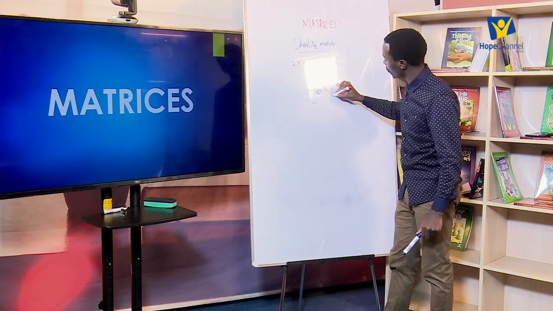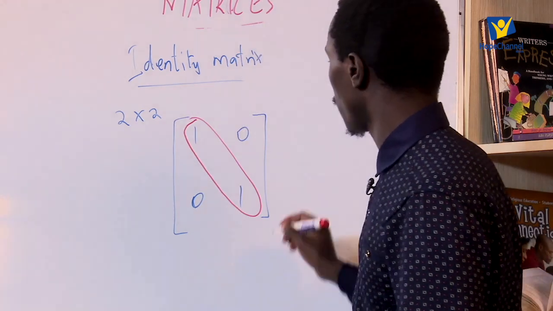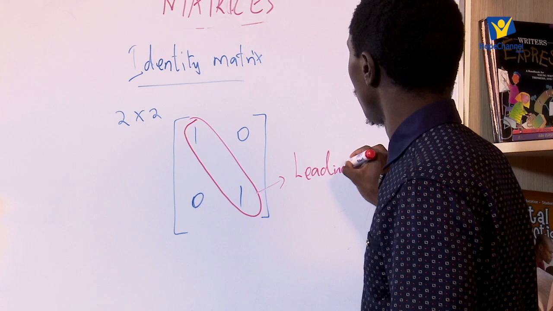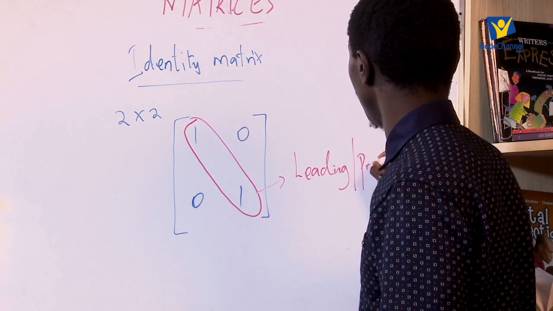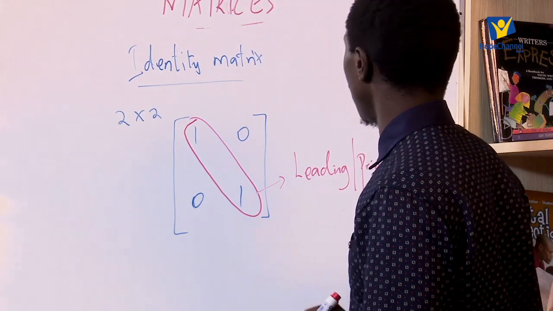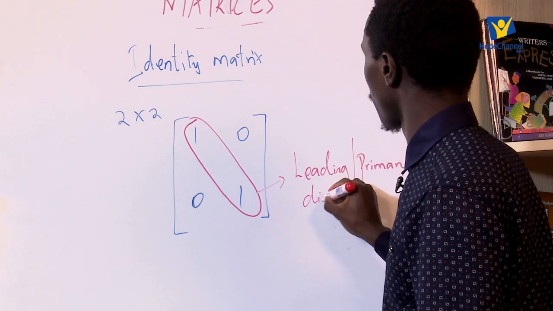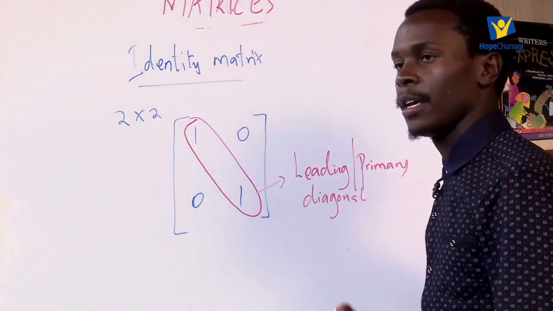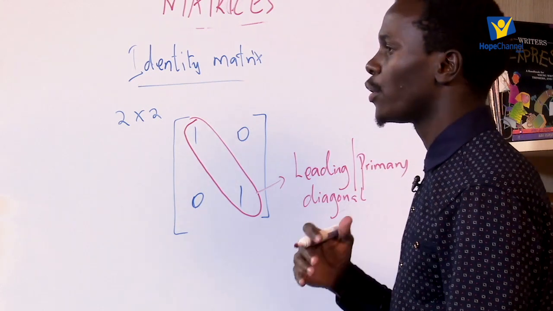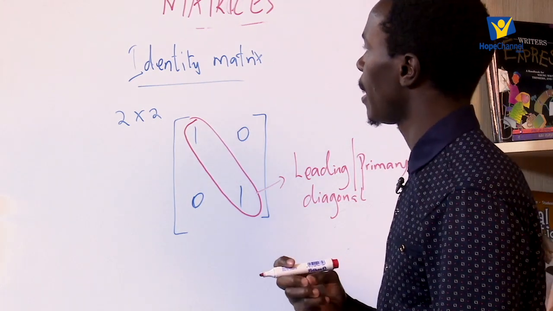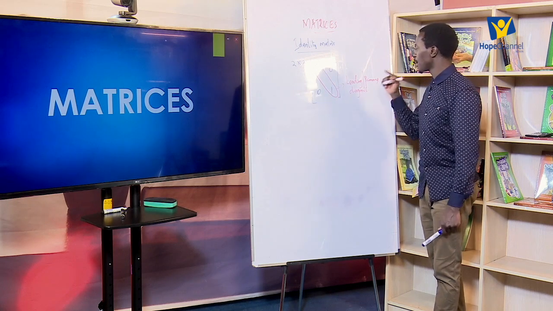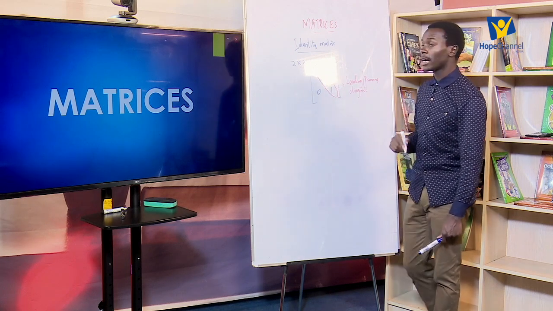That diagonal, we call it the leading or simply primary diagonal. The second one will be the secondary diagonal. So for us to say that a matrix is an identity, we say that the leading diagonal has ones while the other diagonal has zeros.